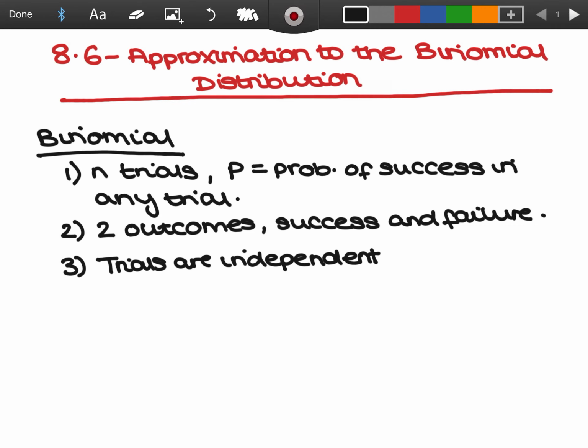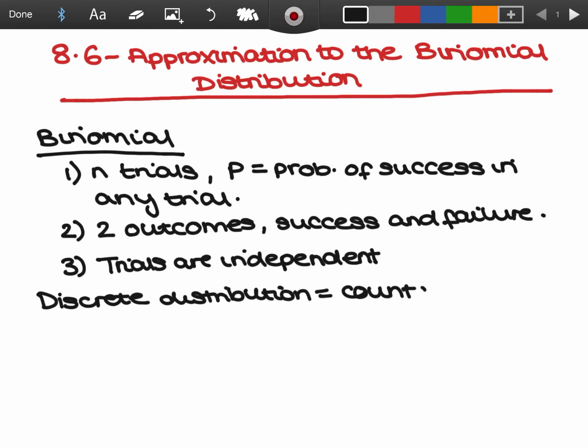The thing with binomial, as I've said, is it's a discrete distribution. And remember, discrete means that there are a countable number of outcomes. So if there are a countable number of outcomes, we normally looked at things like rolling a die, where your outcomes are 1, 2, 3, 4, 5, 6.